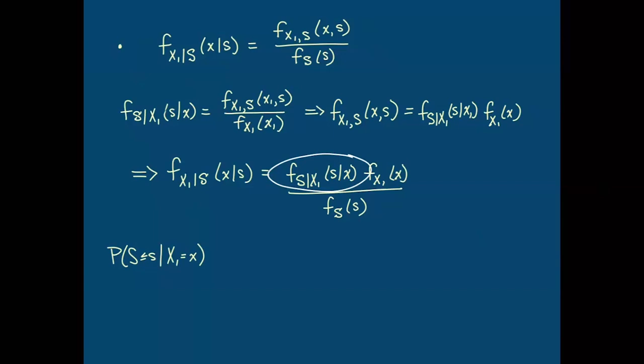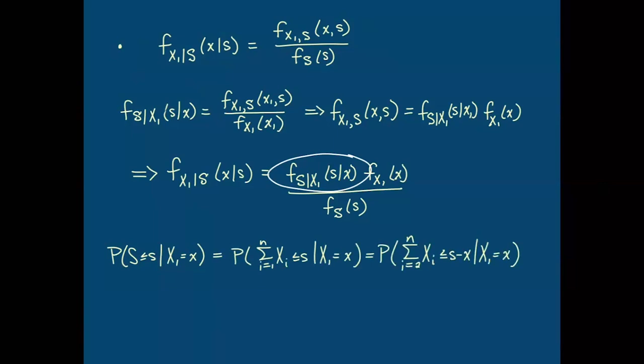Let's plug in the definition for the random variable capital S. If x1 is already observed to be lowercase x, then to observe the entire sum, capital X1 through capital Xn, being less than or equal to s, is the same as observing that the sum from 2 to n of the capital Xi is less than or equal to s minus x.